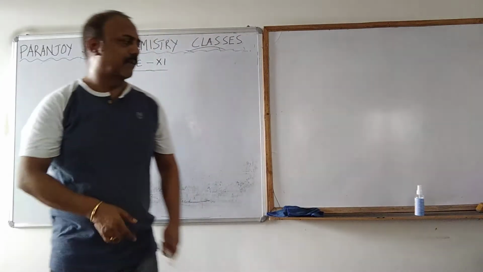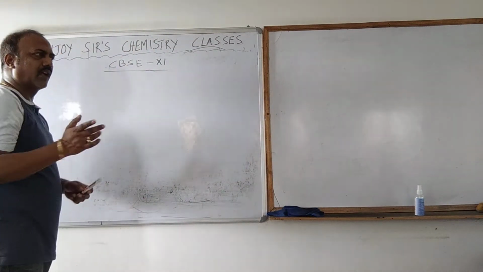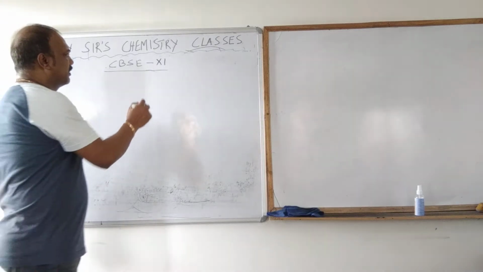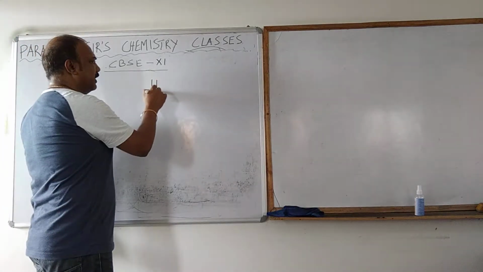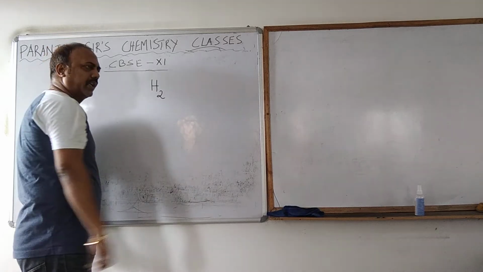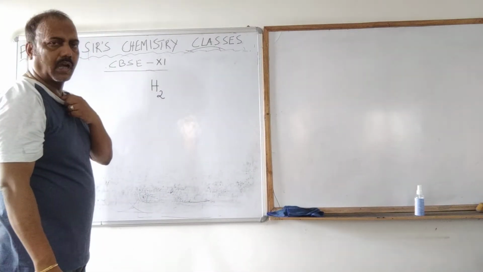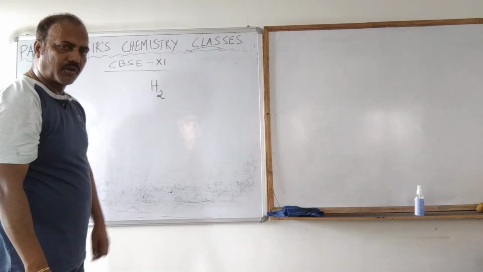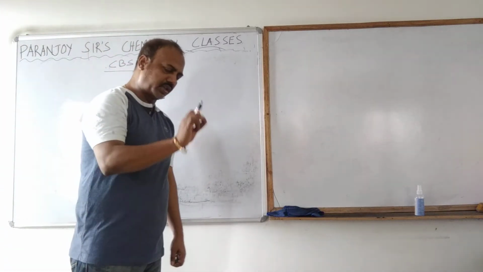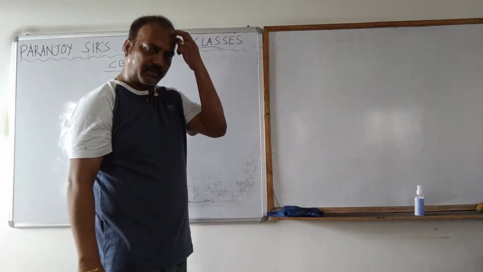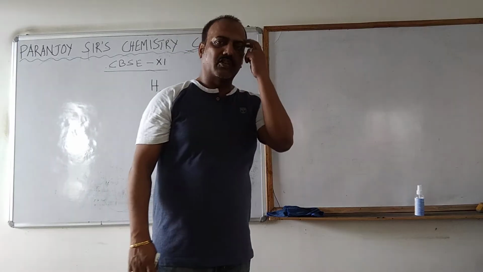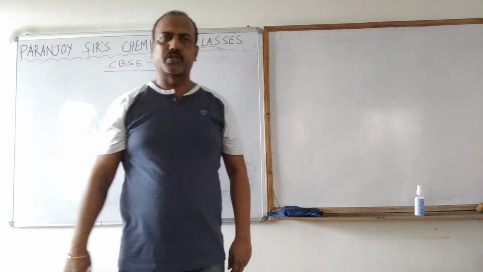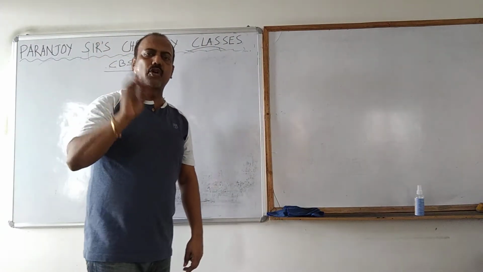For example, let me do a few, then I will give you some homework. Suppose the hydrogen molecule. How can we explain it by the Lewis dot method, where each atom's valence shell electrons are drawn by dots?